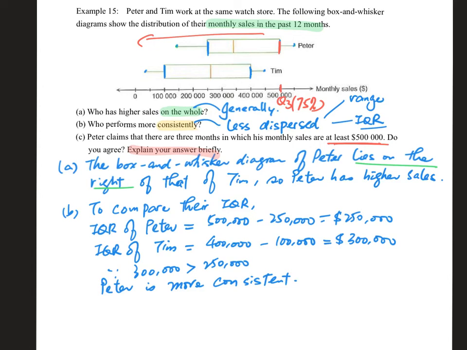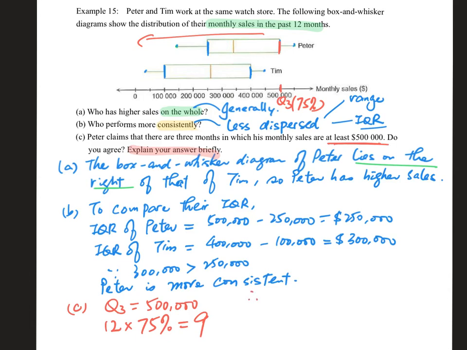So among 1 year, 12 months, 75% of the months, that means 9 months, his sales will be lower than $500,000.